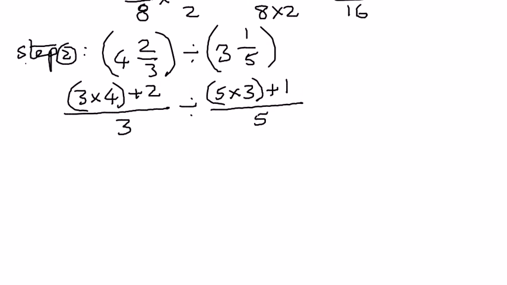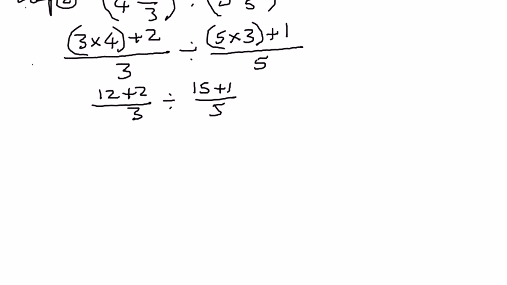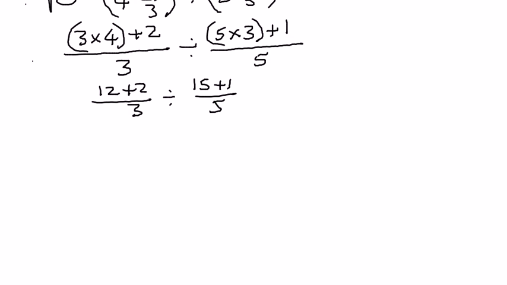So we keep simplifying some more. 3 times 4 is 12 plus 2 divided by 3 divided by 5 times 3 is 15 plus 1 divided by 5. So now we simplify this some more. 12 plus 2 is 14 divided by 3, and then divided by, let's do this, 15 plus 1 is 16 divided by 5.